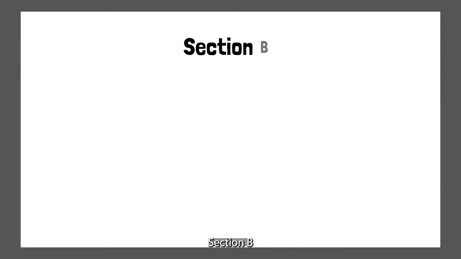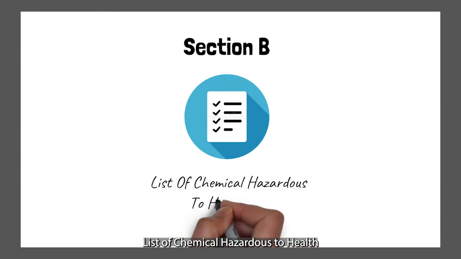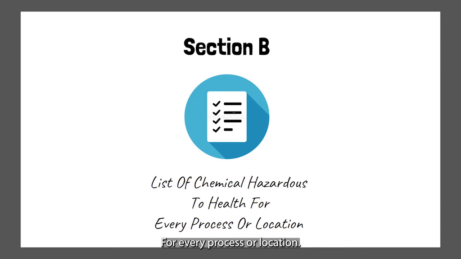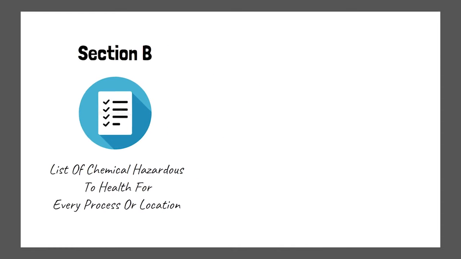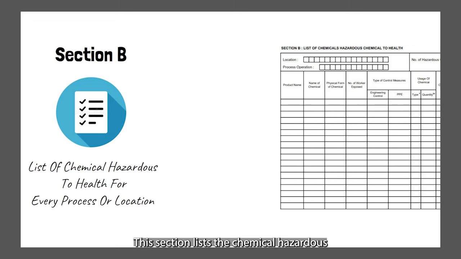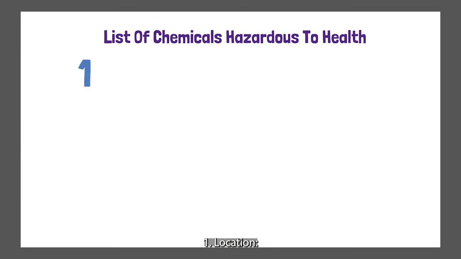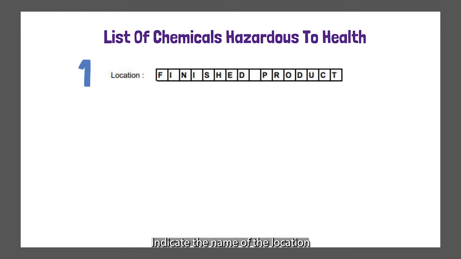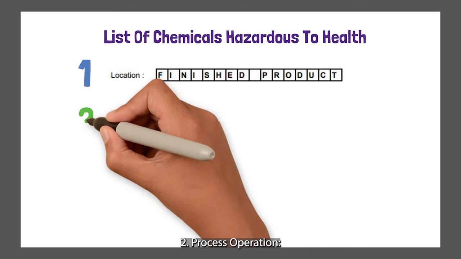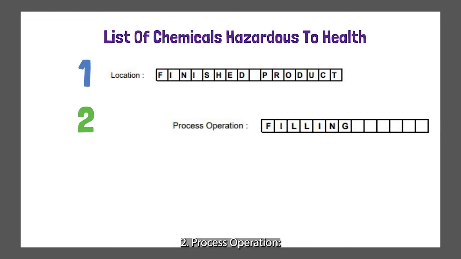Section B. List of chemical hazardous to health for every process or location. This section lists the chemical hazardous to health used or produced for each process or location. 1. Location. Indicate the name of the location where the chemicals are being used or produced. 2. Process operation.